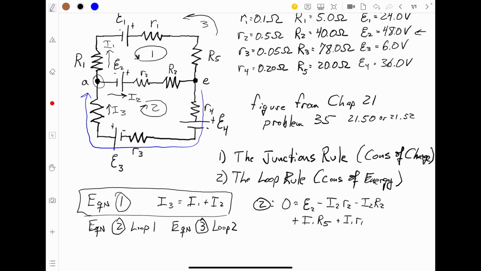And we're going to subtract, because we're going from positive to negative on epsilon 1, we're going to subtract epsilon 1. Then we're going to get to big R1, I1, big R1. And again, we're going against the grain. So we have to add. We're going upstream. So this isn't a voltage drop. It's a voltage increase. I1 times big R1.